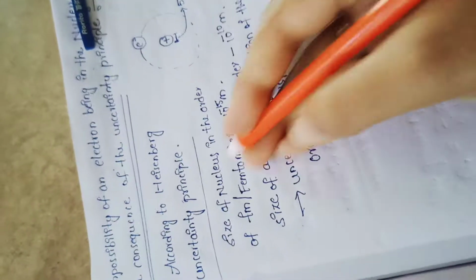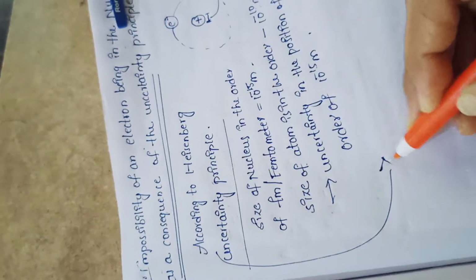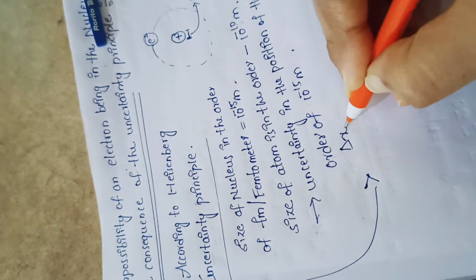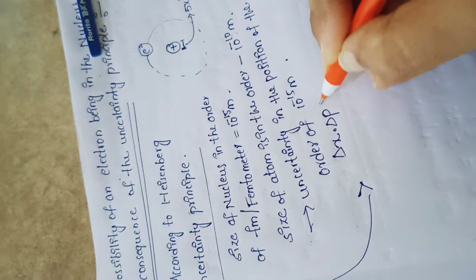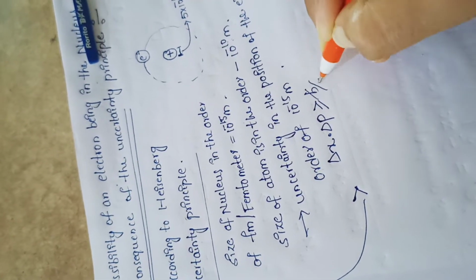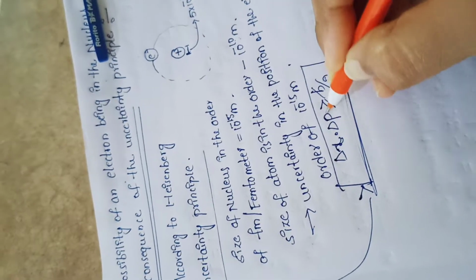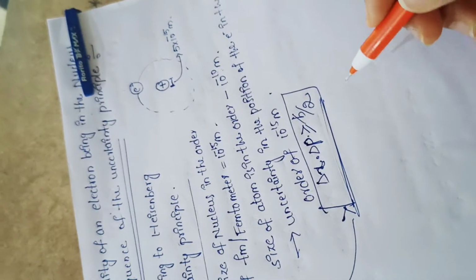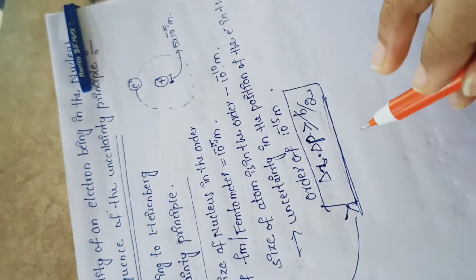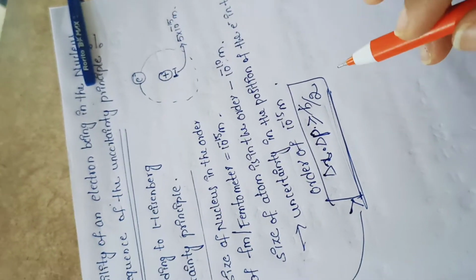In that case, according to the Heisenberg principle, delta x into delta p is greater than or equal to h cross by 2. This is the Heisenberg uncertainty principle. x means position, p means momentum. The product of the uncertainty in position and momentum is greater than or equal to h cross by 2.